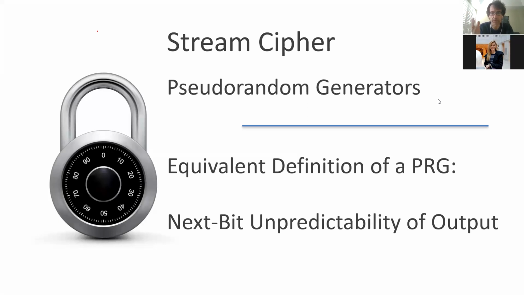For example, for the stream cipher for the application of encryption, without knowing how long it can go, it can go forever basically, and it only keeps a small state. It doesn't need to know how far it went already, or how far it will go in the future.